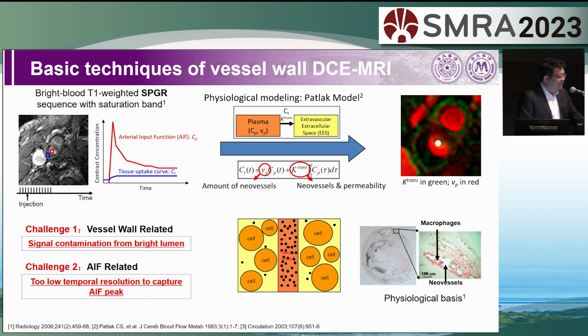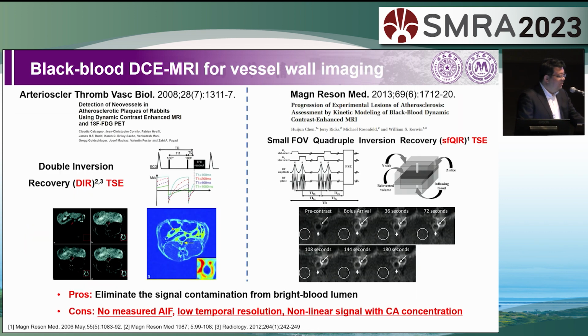The second is if it's bright blood, the signal contamination from the bright lumen could affect the accuracy of the quantification. To deal with that, in early days, black blood DCE MRI was proposed, basically using DIR or QIR techniques to suppress the blood. But the problem with this kind of method is that there's no measured AIF. So usually they use a population-based AIF, but that could introduce some bias.